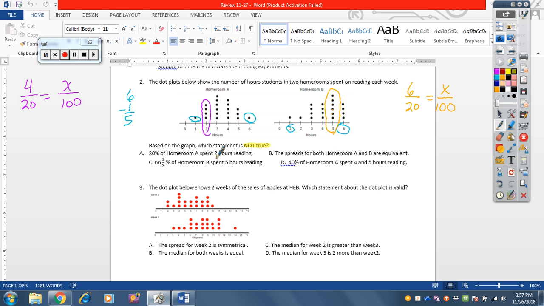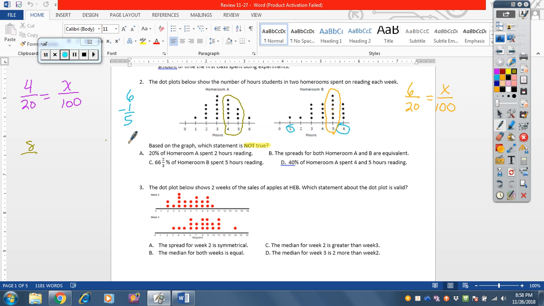And D says 40% of homeroom A spent 4 and 5 hours reading. So if I'm looking at homeroom A, 4 and 5 hours is right here. How many people spent 4 and 5 hours? 1, 2, 3, 4, 5, 6, 7, 8.